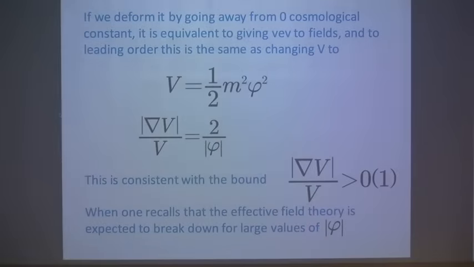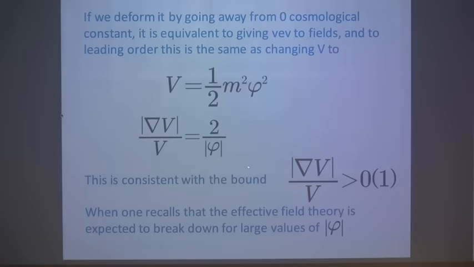So basically, you can parameterize the deformations away from the supersymmetric one by potentials of the form 1/2 m squared phi squared for phi near 0. If you compute gradient of V over V for these examples, you get simply 2 over phi, and as you can see, this is bigger than order 1 for phi near 0.